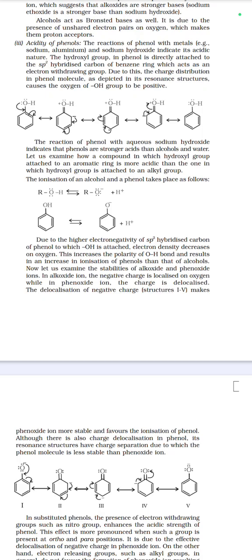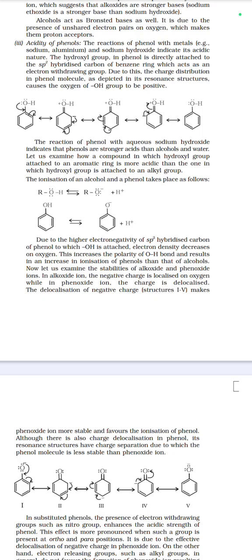ROH gives RO negative plus H positive. Due to the higher electronegativity of the sp2 hybridized carbon of phenol to which OH is attached, electron density decreases on oxygen. This increases the polarity of the O-H bond and results in greater ionization of phenol than of alcohol.